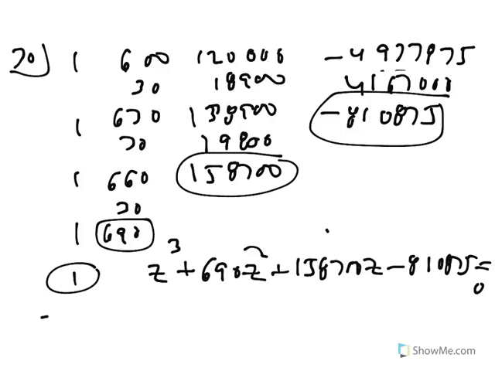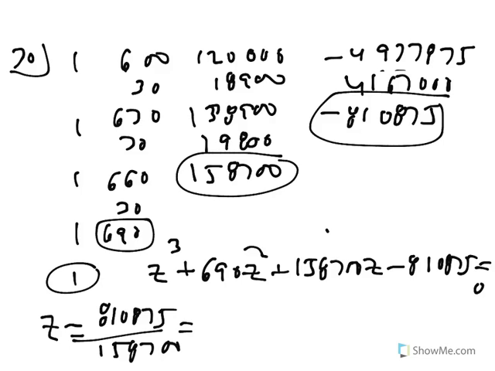And if you want to approximate what z might be, you could divide 810,875 by 158,700, because this coefficient is so large, these other two aren't that big in comparison. 810,875 divided by that becomes about 5.